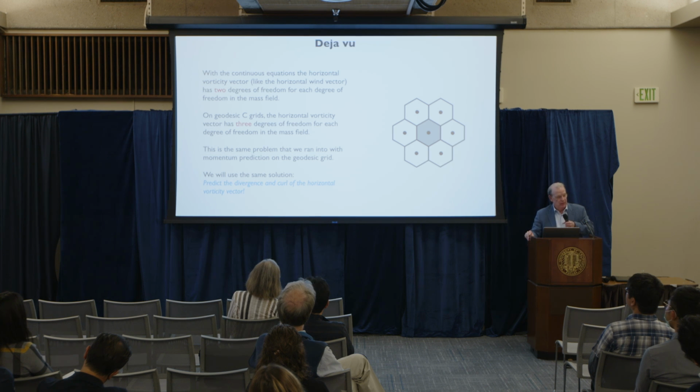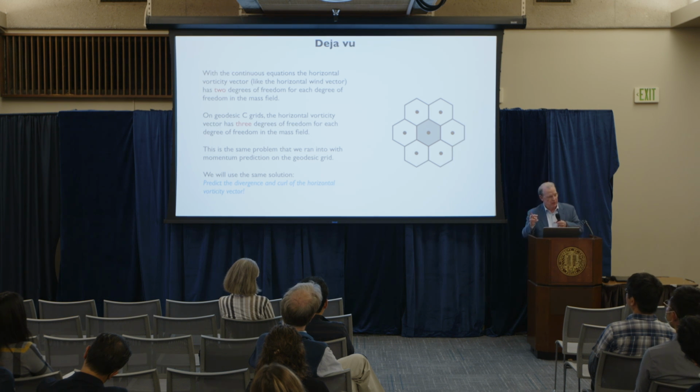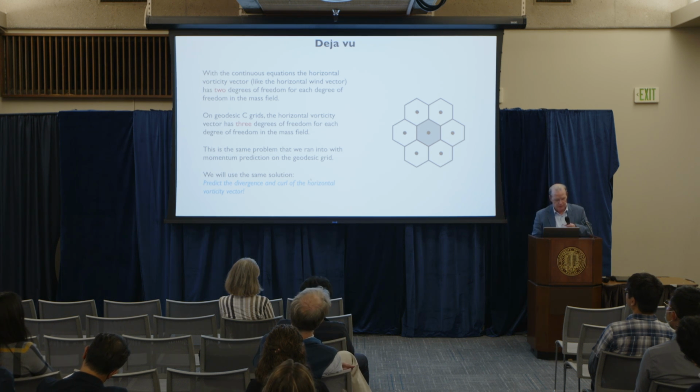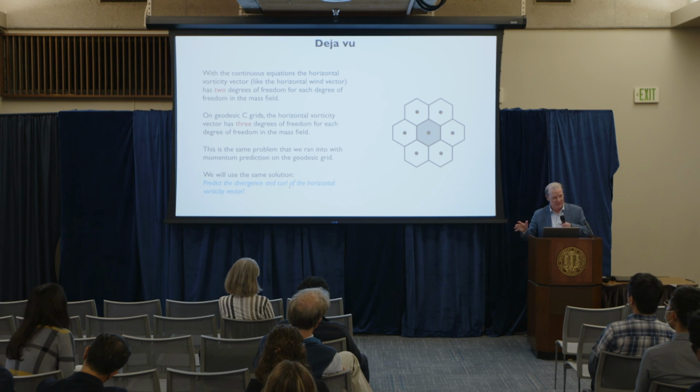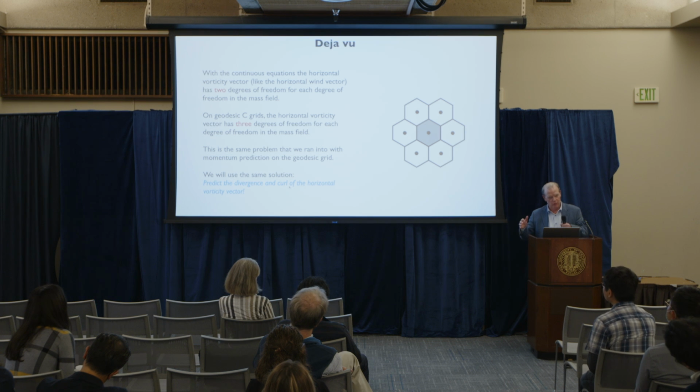What we did in moving from C to Z, the C grid to the Z grid, is we replaced U and V by the curl and divergence of the horizontal wind. So we're going to do the same thing here. We'll replace the tangential component of the velocity on the cell wall, or of the vorticity on the cell wall, by the divergence and curl of the horizontal vorticity vector. It's the same idea, just translated from wind to vorticity.